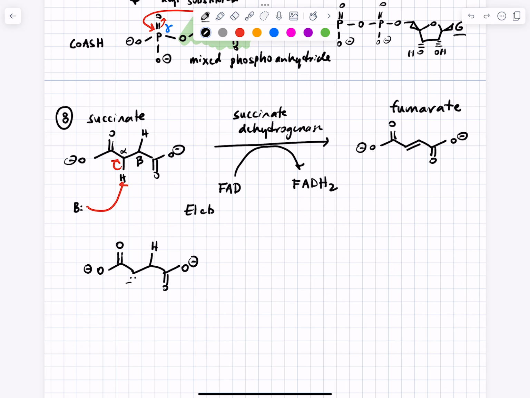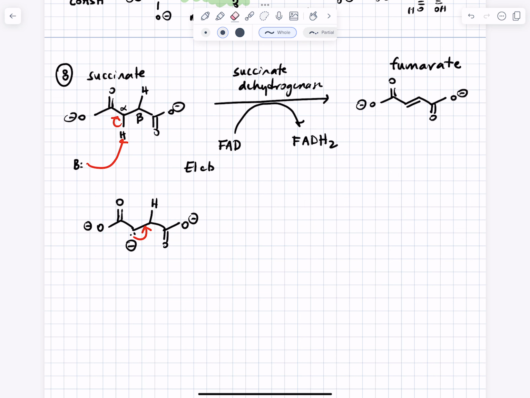I don't like where that negative charge is, sorry. Negatively charged alpha carbon electrons kick down to make the pi bond, and hydride gets delivered to FAD. Now, real briefly, FAD was a complicated structure. You can go back and look at your notes because we talked about it in a lot of detail in a previous class period.